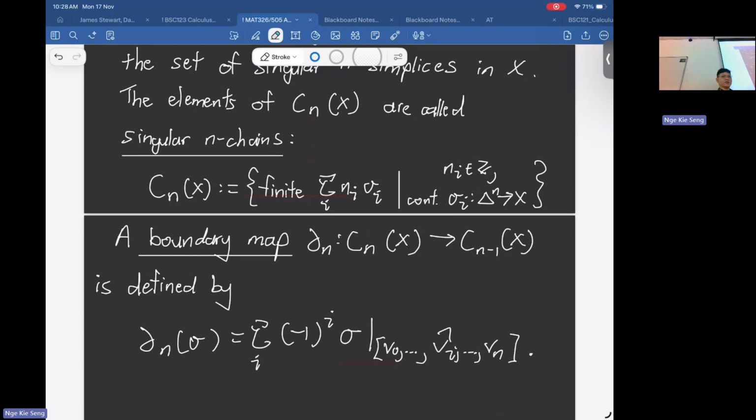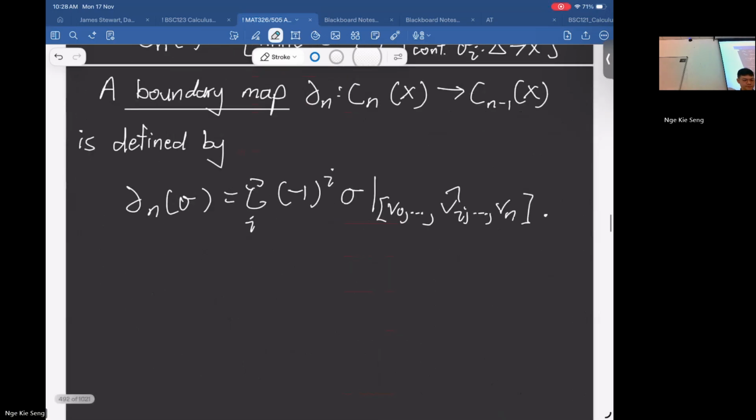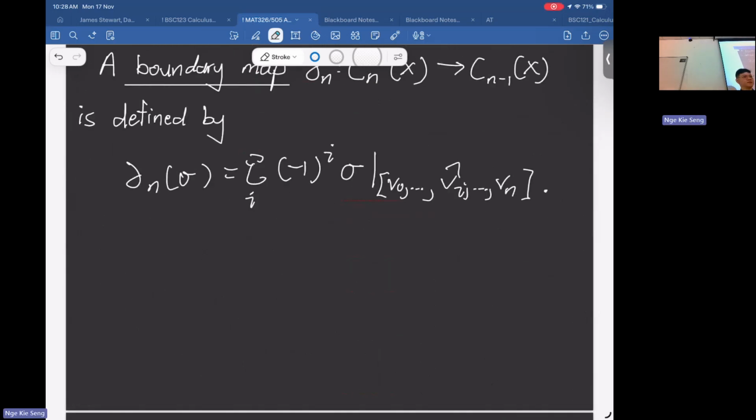Previously this was restricted to faces, but here what we do is we restrict the map to these faces. Previously it was like this. Now it's like this.